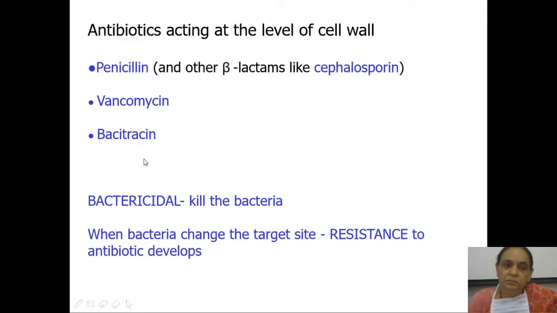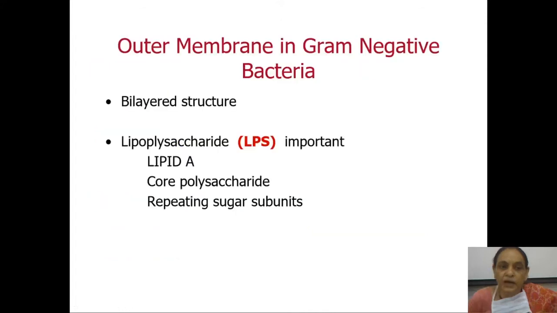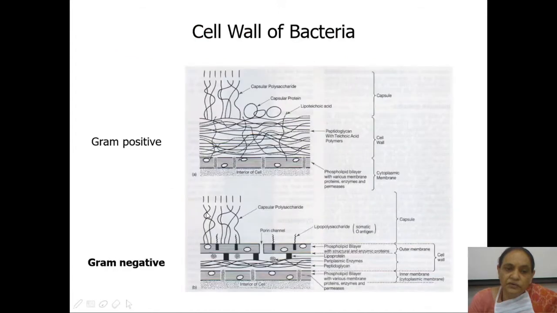Now, the outer membrane of the gram-negative, as I told you, so moving from the gram-positive to the gram-negative, it is a bilayer structure, as I showed you, and the LPS is a very important component of this outer membrane. This LPS has a lipid A, a core polysaccharide, and the repeating sugar subunits.